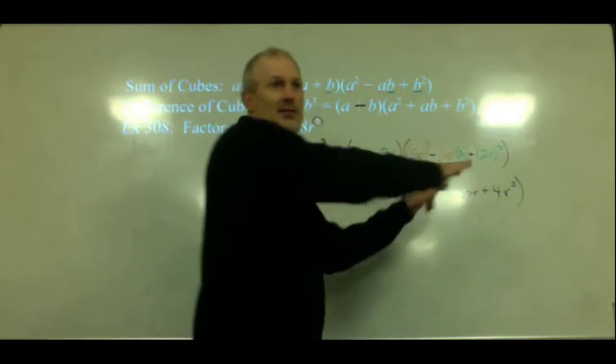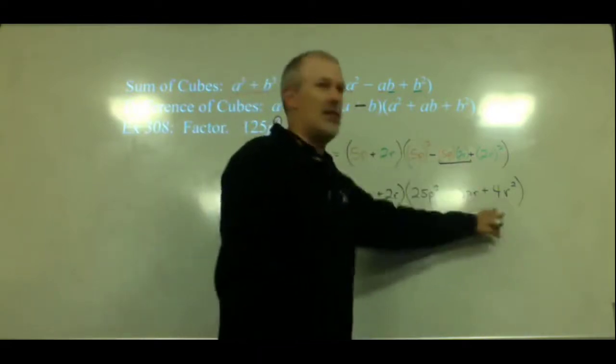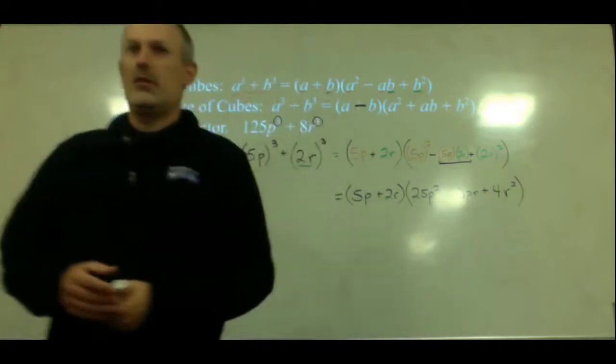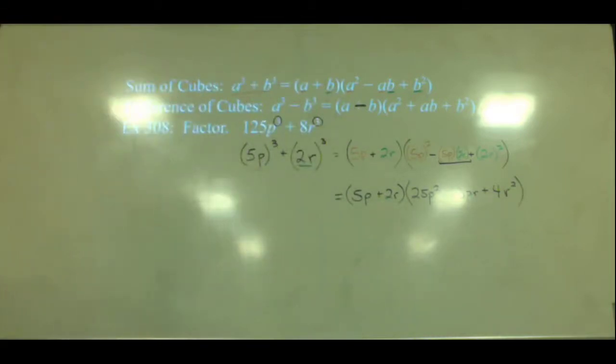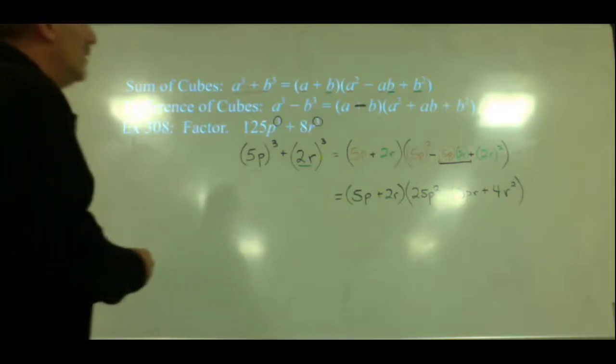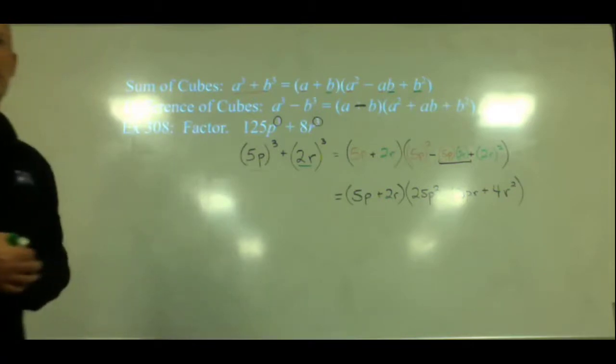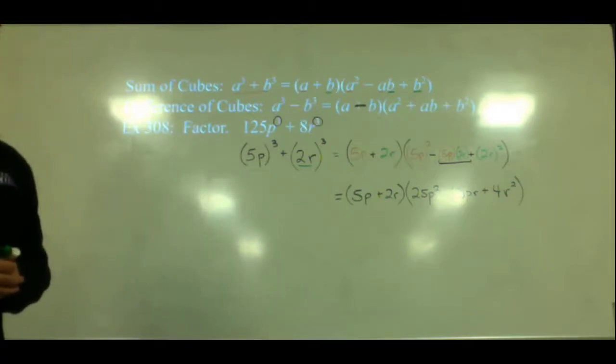You don't have to worry about trying to factor what's over here. Even if it looks like something that you have factored in the past, you won't be able to factor it. It will be prime. Okay. So again, hint on these, look for those cubes.